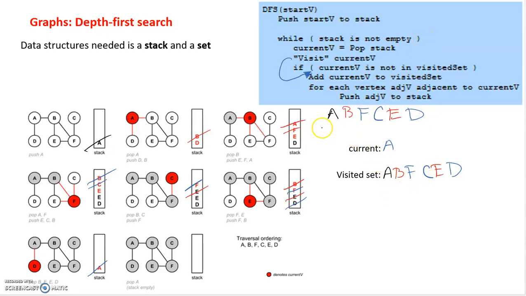So here is how you have visited the nodes in this graph. That's the order you have visited it, and it is important for you to see the depth first search.